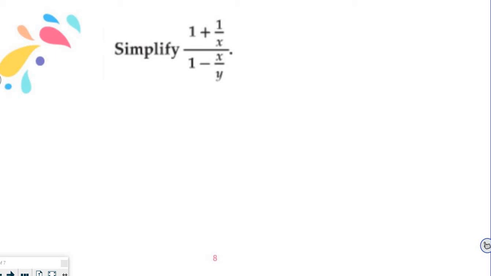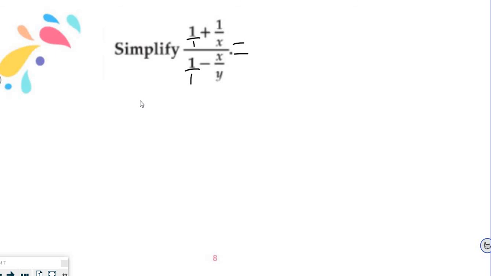Well, let's think. What are my ones technically over? 1, right? So if I'm finding a common denominator between 1 and anything else, what is our common denominator going to be? Just what? The other thing. So if it was 1 and 2, it would be 2.